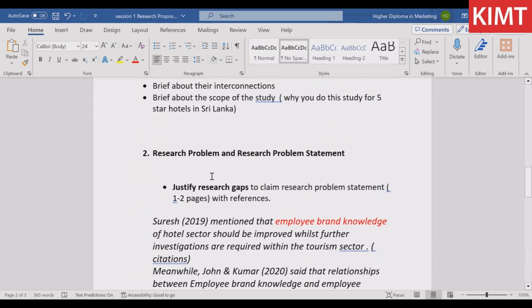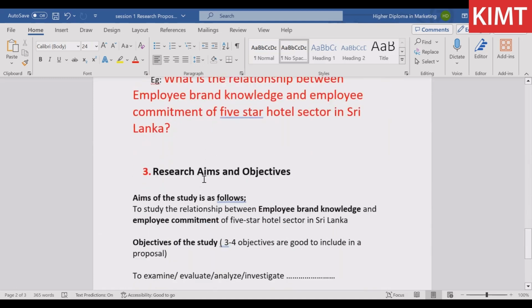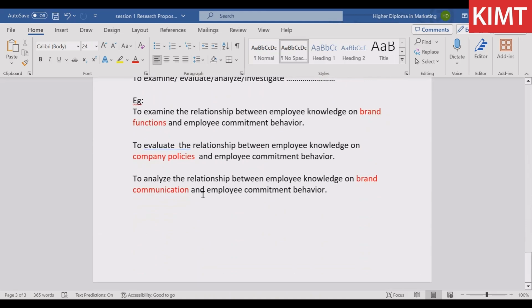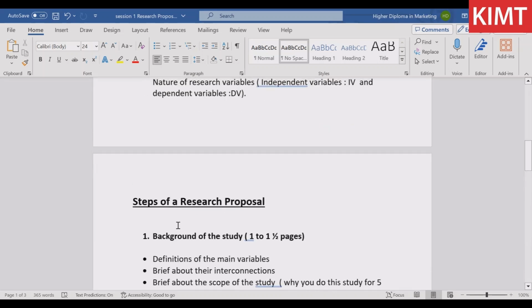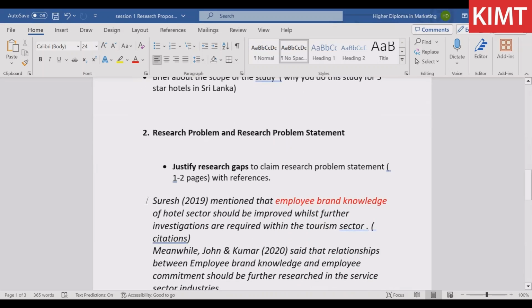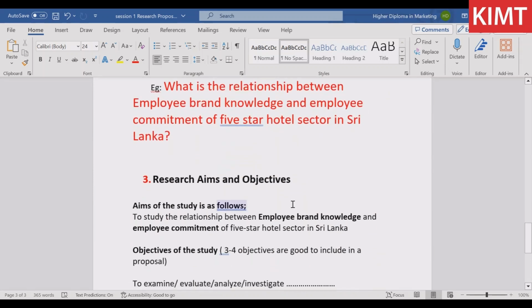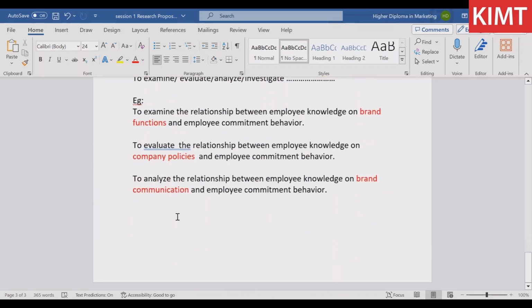Before I go to today's PowerPoint slide, I'm going to extend this same thing into the next level, because I'm still talking about your research proposal. Number 1 is done, number 2 done, number 3 done, and then number 4 of your research proposal. Then we are going for a new area.